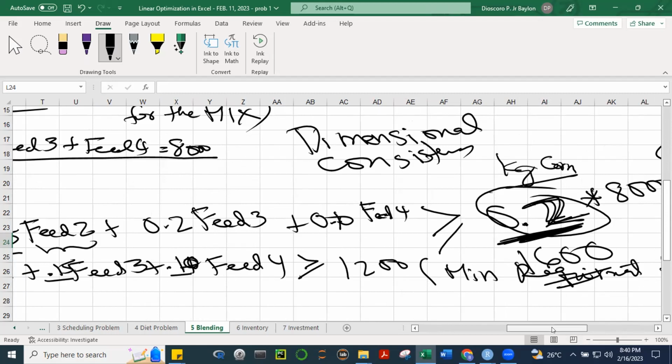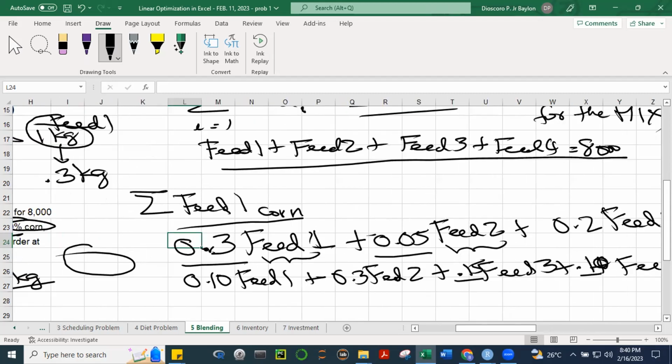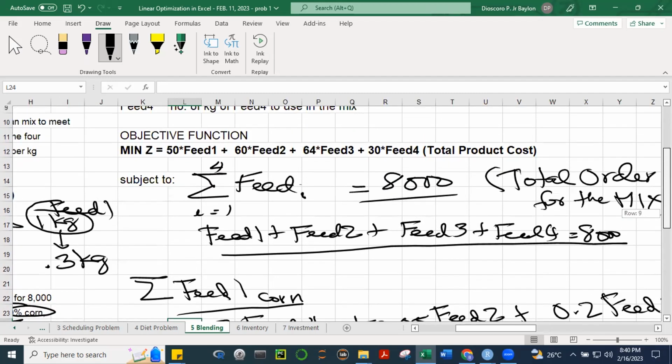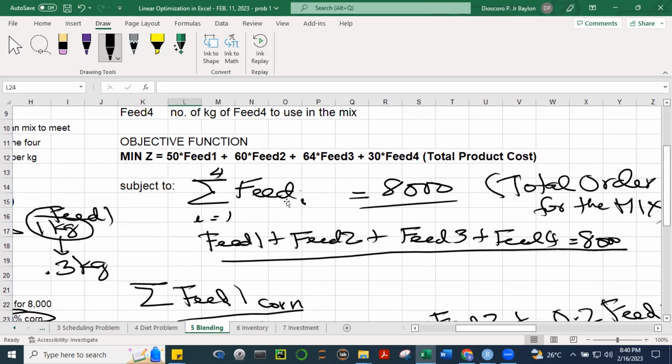Are there any other constraints, class? Any other constraints? So we were able to identify the constraint as far as the weight of the mix.